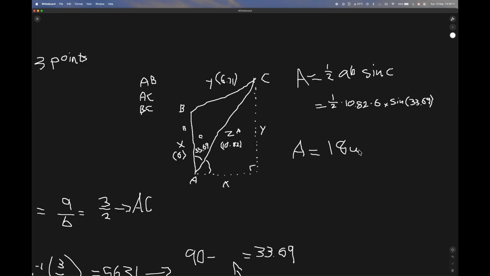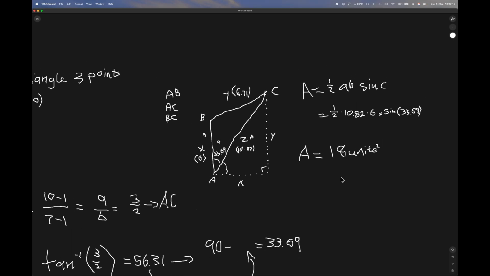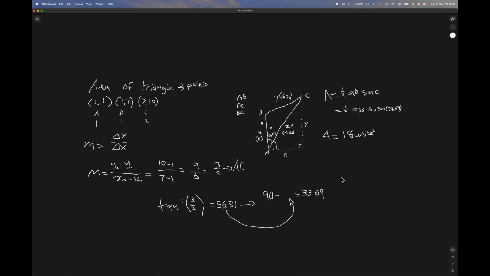Units squared, because it's area. So there we go. Let's put a little theta there. That there's how we are going to find the area given 3 points on a Cartesian plane.